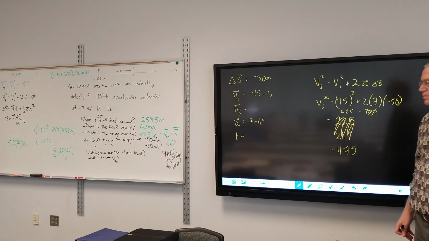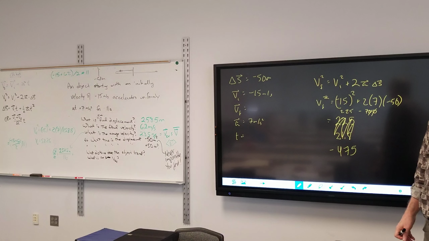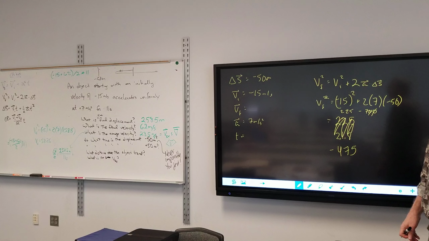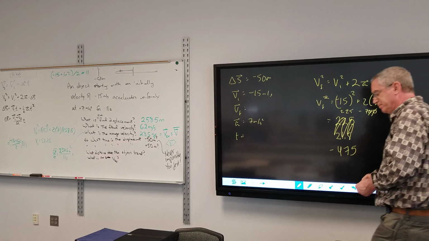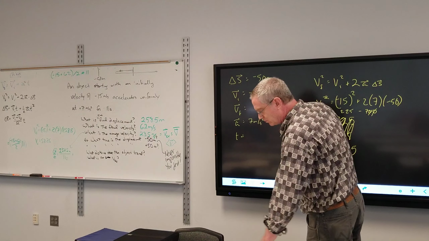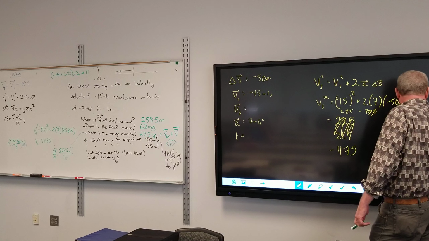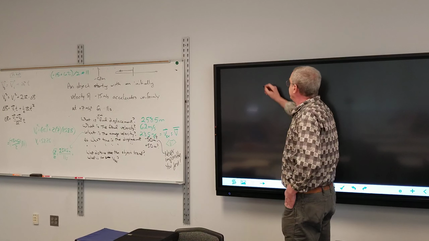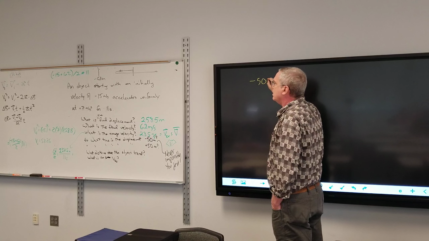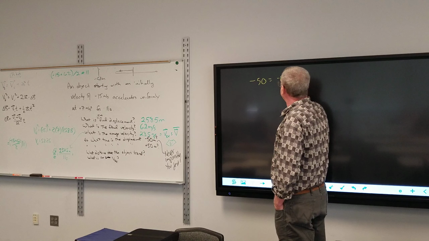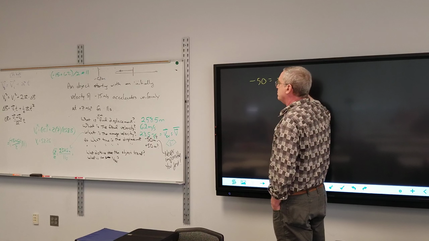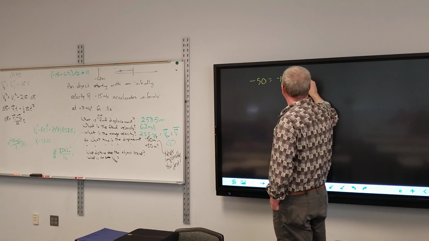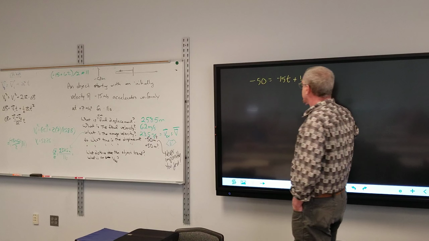How would you do it on the third equation though, since you've got all the information in there? All right, if we did the third equation, we'd have negative 50 is equal to negative 15t plus 1/2 7t squared.